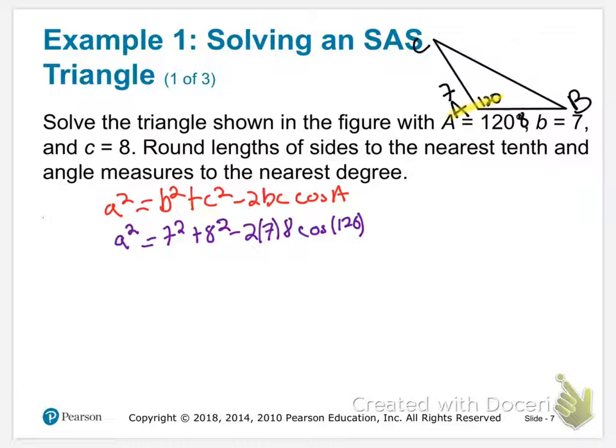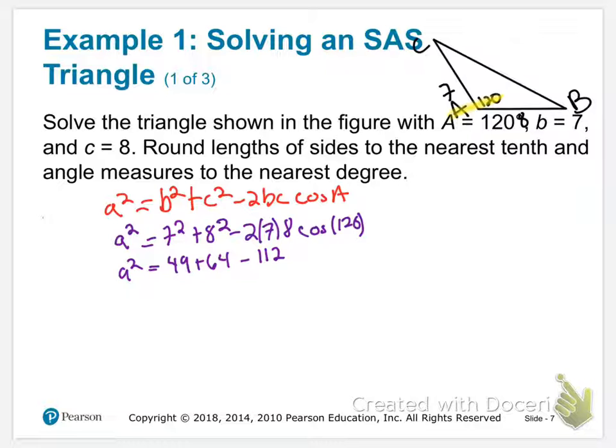If you guys have your unit circle, this will be a little bit easier. So we have a squared equals 49 plus 64 minus 56 times 2 is 112 cosine of 120.